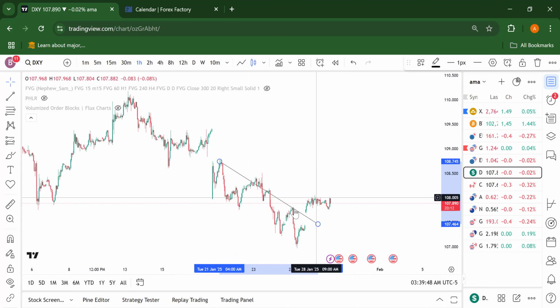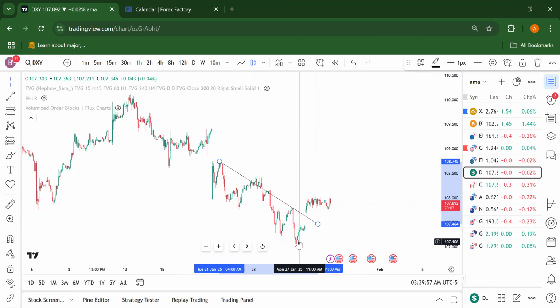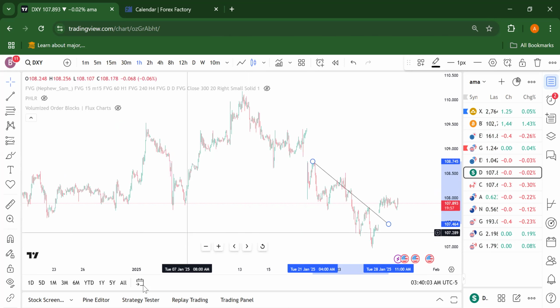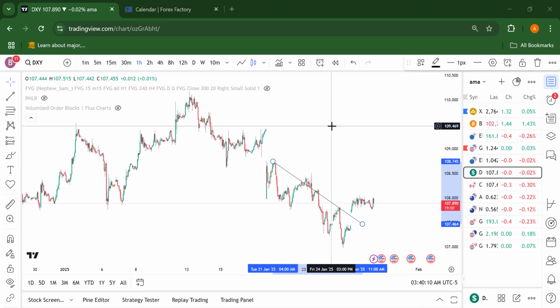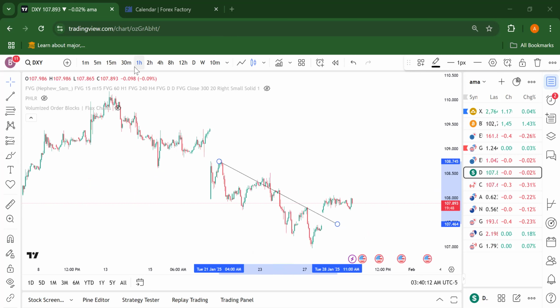So price has taken it, forming a higher high. Currently, price has not taken this last low. Instead, it has formed another high, and this is on the dollar index. Remember that the dollar is the leader of the pack. Anywhere the dollar goes, all others are going to go there. And look, this is on the 1 hour.